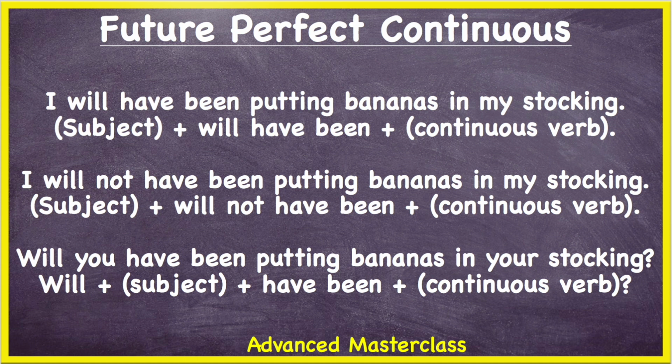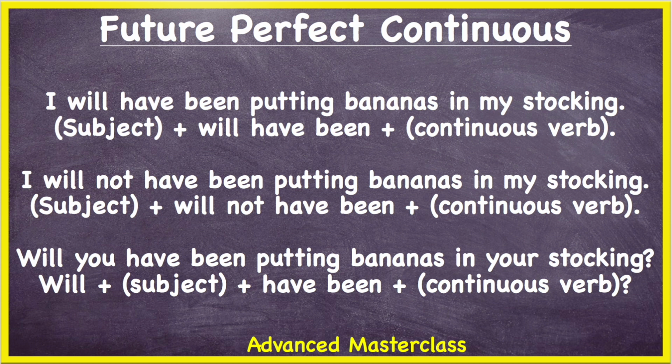We know it's future perfect continuous because we have the will have been. The negative is I will not have been putting bananas in my stocking. Again, the not comes in between the will and the have. The been is just extra, so it's will not have been.